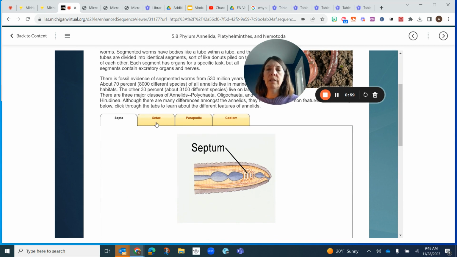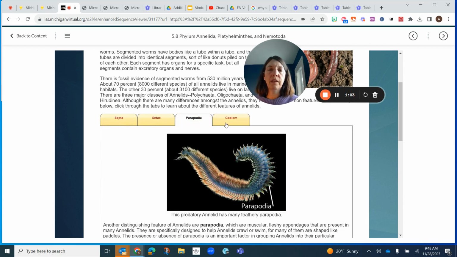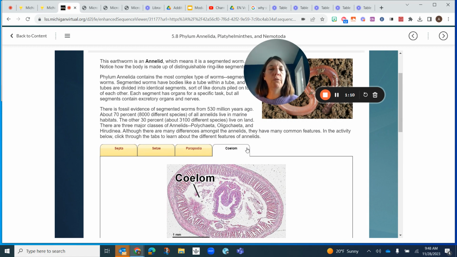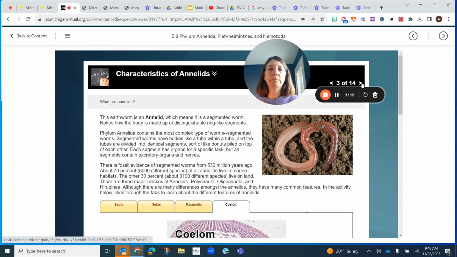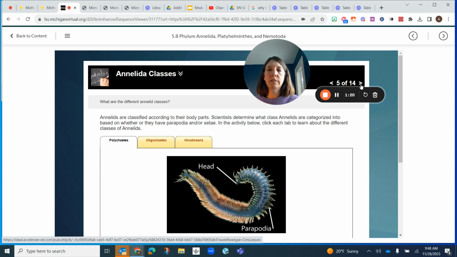These are characteristics, and then the coelom, which is the true body cavity, which we talked about before. Remember, these systems are getting more and more complicated.